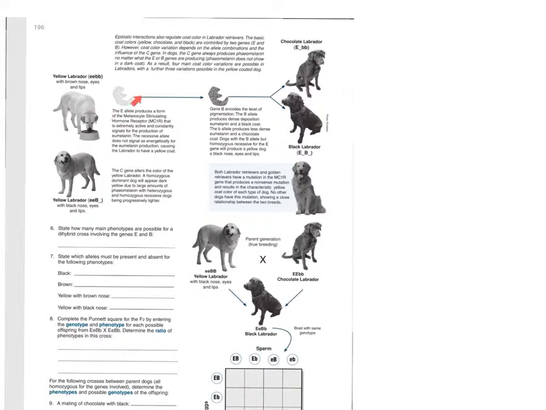So if you have the recessive type, the way you see here, little e, then you have a yellow lab. In other words, there's not a lot of pigment in the dog's fur. But if you have the dominant E, then you could either have a chocolate lab if you have the recessive b's, right? So it's not very dark.